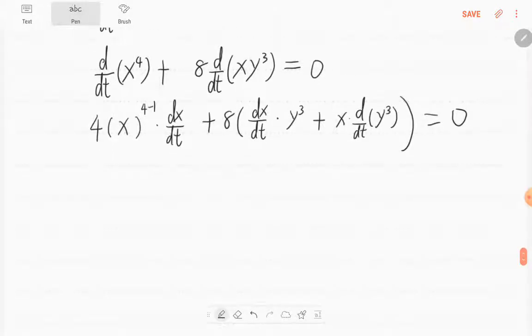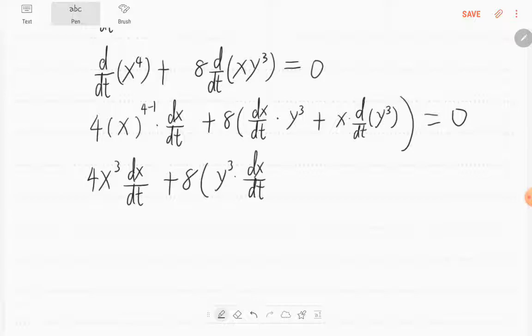So let's do the calculation. This is 4x cubed dx over dt plus 8 times the first, this is y cubed times dx dt, right? Plus x times what?